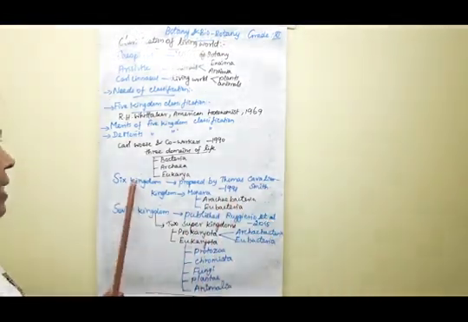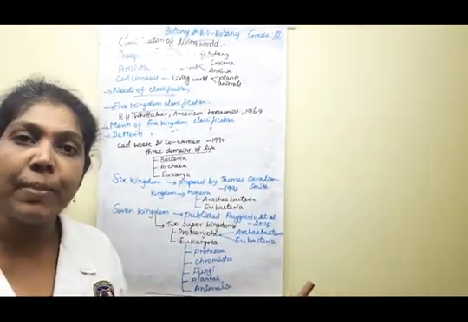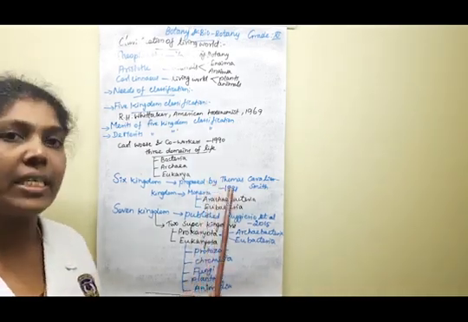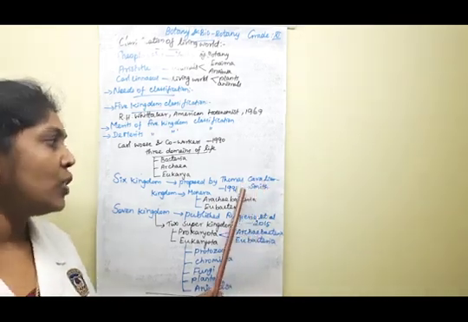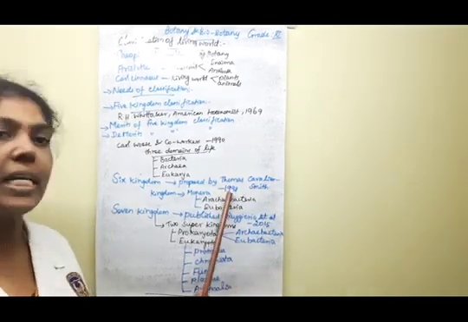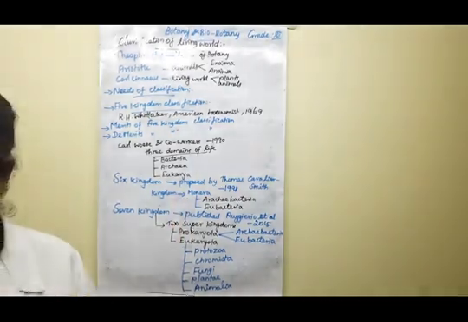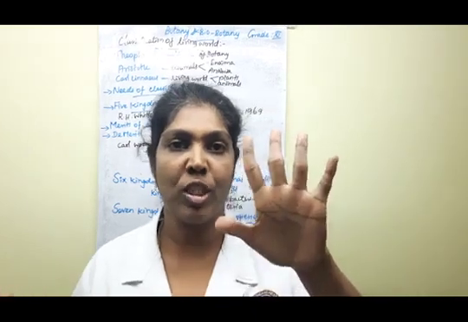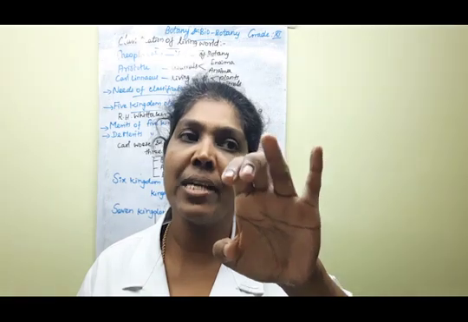Clear, children? Yes. Next, the 6 kingdom system of classification was proposed by Thomas Cavalier-Smith in the year 1998. First, you know the 5 kingdom system of classification: Monera, Protista, Fungi, Plantae, Animalia.